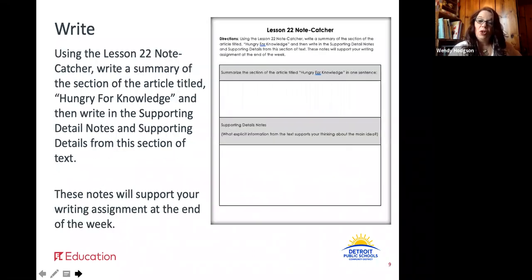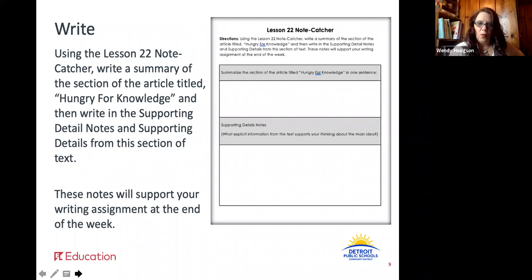And you're going to look for now lesson 22's note catcher. It's really short, actually. It only has 2 sections on it. And you're drawing your information from the section you read earlier, just now, hungry for knowledge.